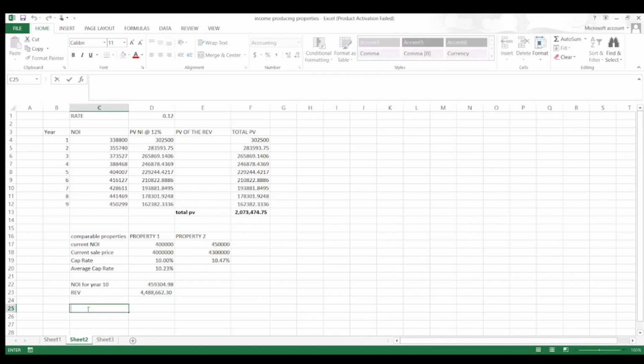And to get the present value, we simply take this reversionary amount and divide it by 1.12, or rather 1 plus the rate raised to 9.